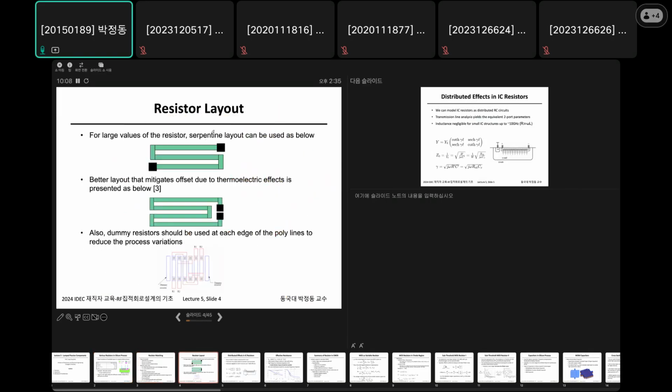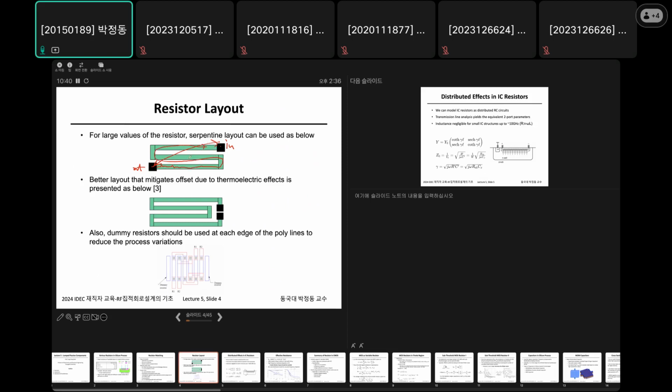Meandering like this is one option, but it's still, let's say this is input and this is output, and there exists a large distance. This is separated, which means there should be resistive variation throughout this path.